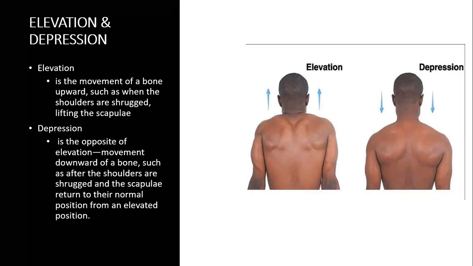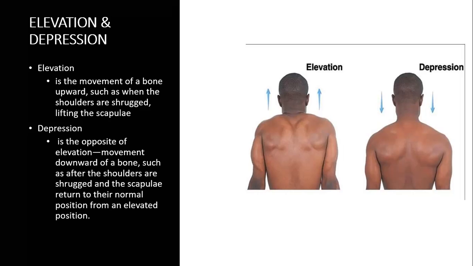Depression is the opposite of elevation. This is where we move the scapula downwards and basically return back to the normal position. So elevation lifts the scapula up like you're shrugging your shoulders. Depression returns the scapula back to its normal position.